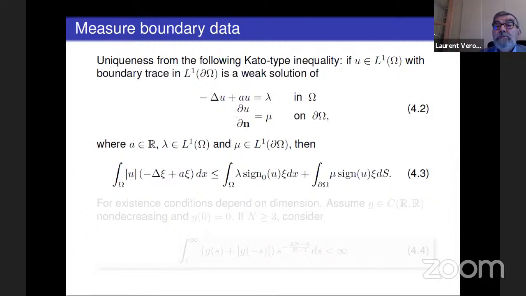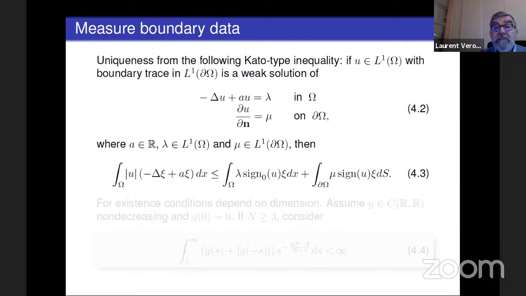Now, I want to prove uniqueness for this type of problem, assuming that g is increasing. If u is in L1 with boundary trace in L1 of d omega, and if u is a weak solution of this equation, then I have this expression. This is a Kato type inequality, where a can be any real number.